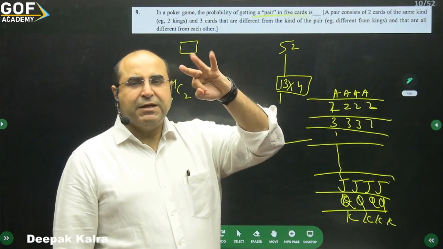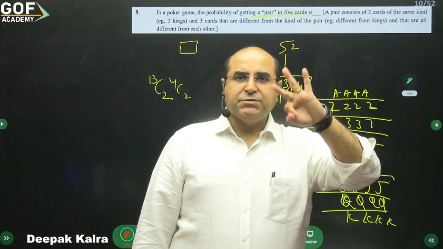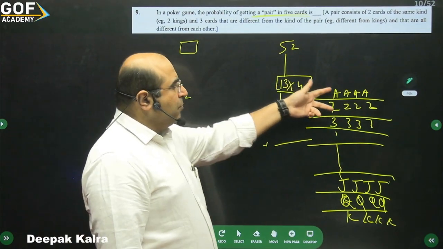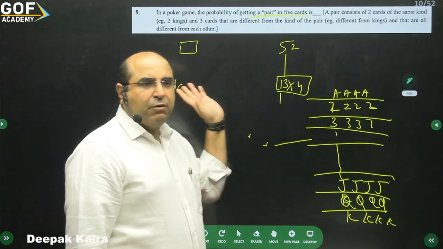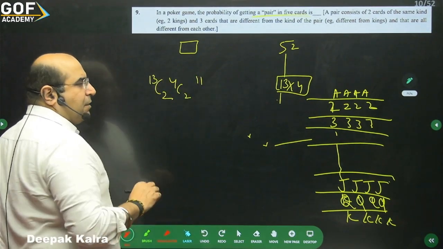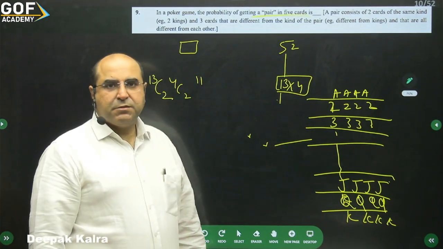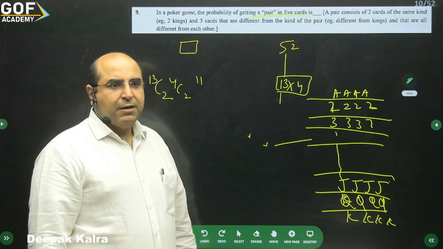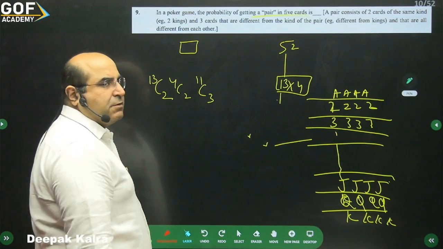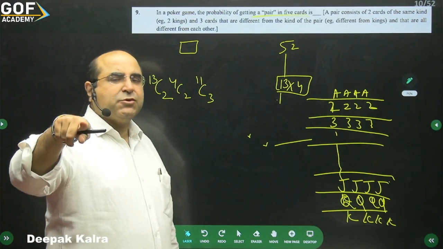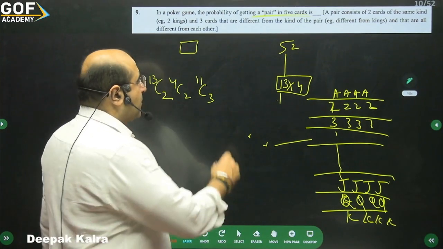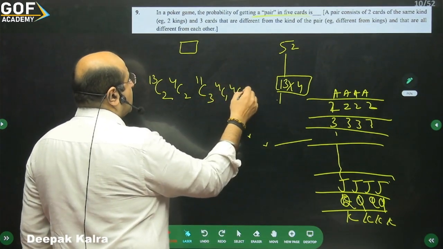Now I have to select 3 cards which should be different from them as well. So that one group is left out now, leaving 12 groups, so out of the remaining groups I will select 3 groups, and from each group I will select one card each. You understand?